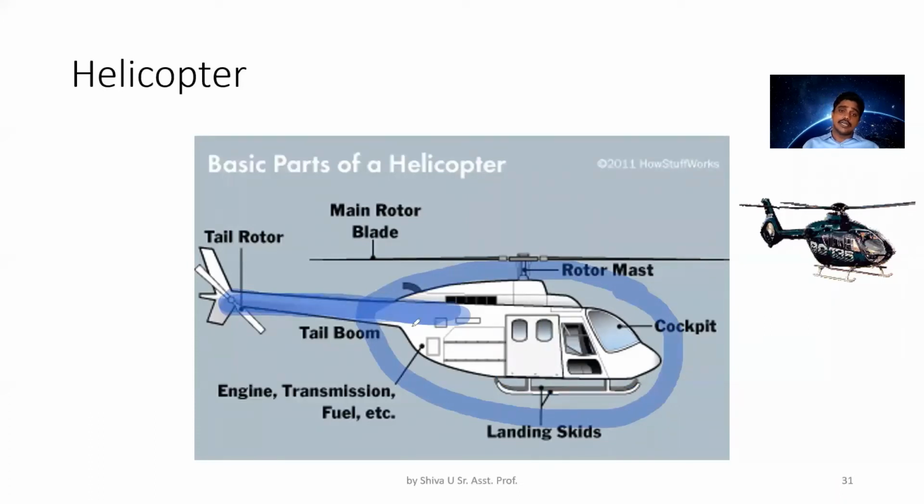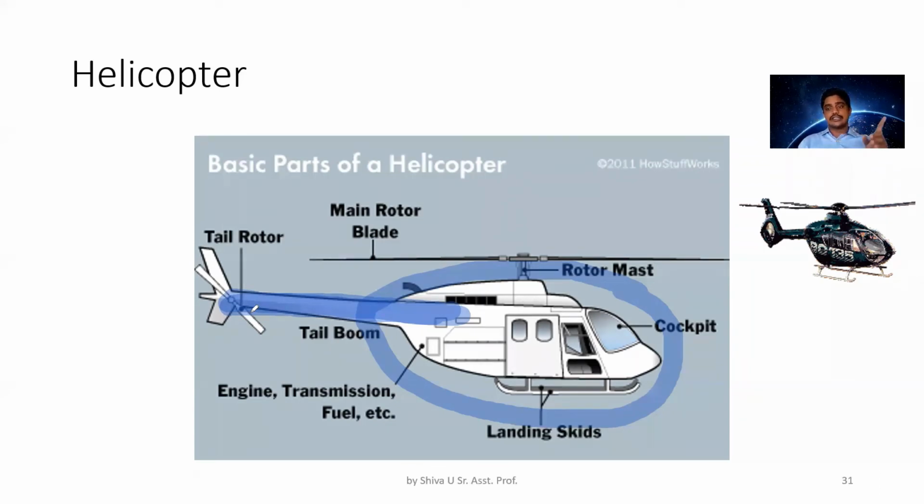Now the next question comes: sir, why do we have that much distance? Can't we keep the tail rotor very close to the main rotor so that it will give a net torque that is very easy for us to control? No. As the tail rotor is giving the anti-torque on the body not to rotate it, at the same time I have to cut only the torque moment which is making the body rotate.